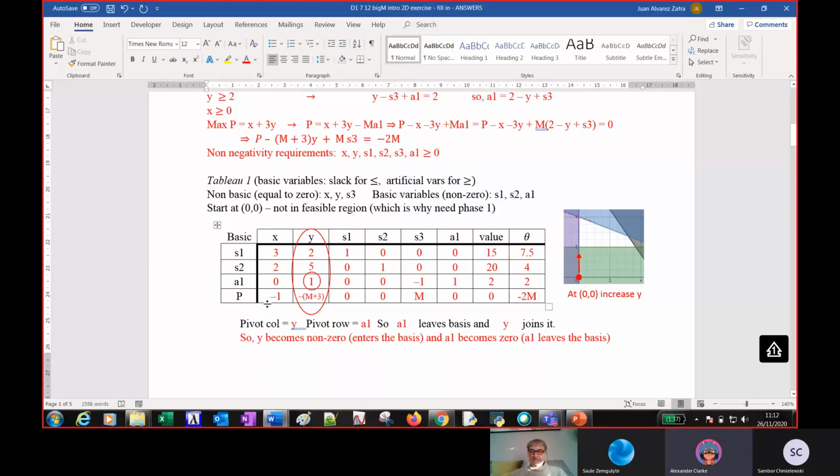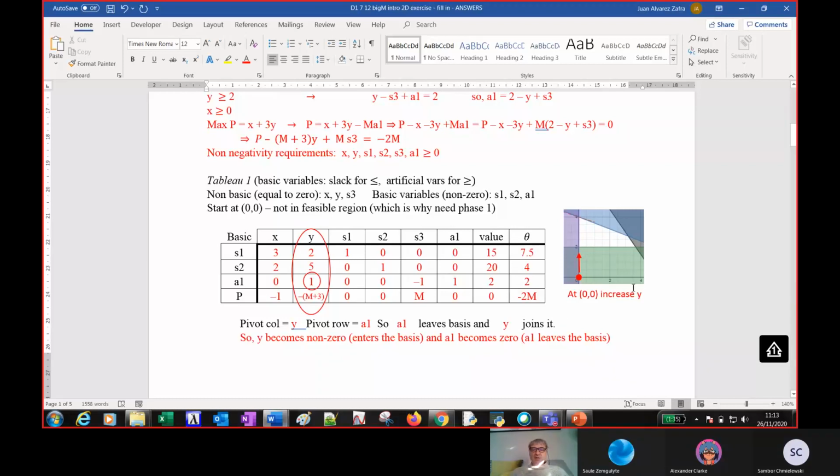The P is implied. That's right. So as far as the P row is concerned, in this form of the tableau, it's implied. So the equation p minus (M plus 3)y plus M s3 equals minus 2M is written into this row here. And now we apply the simplex method in the usual way to this.